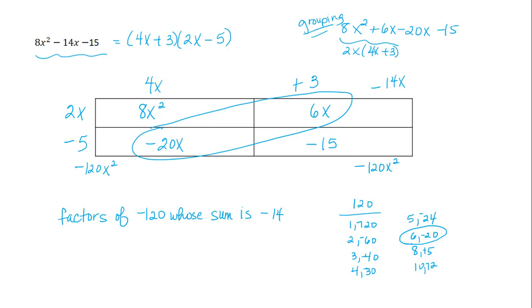And then between negative 20x and negative 15 is a negative 5. And when I divide by negative 5, I get a 4x plus 3. And so now there's a common binomial of 4x plus 3, and that leaves 2x minus 5. So either method is going to get you there. Just use whichever one you are more comfortable with.